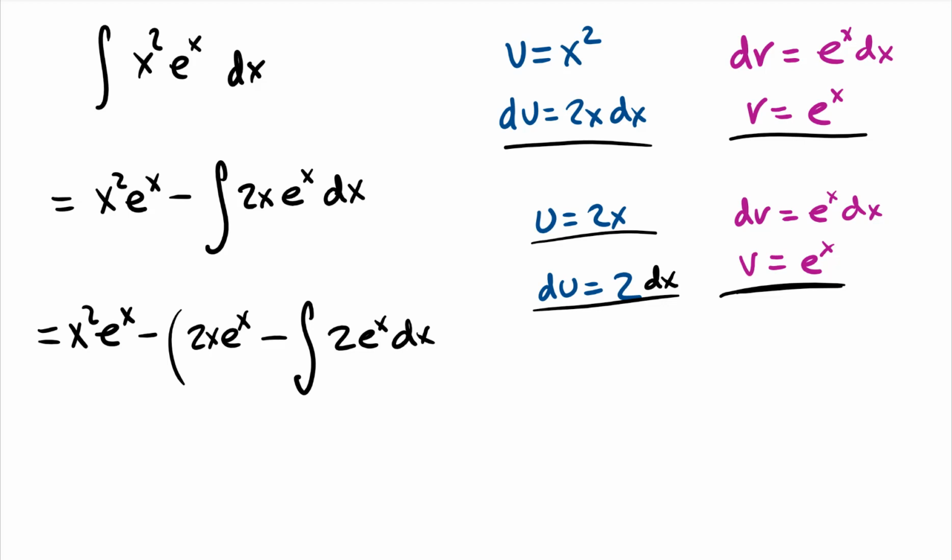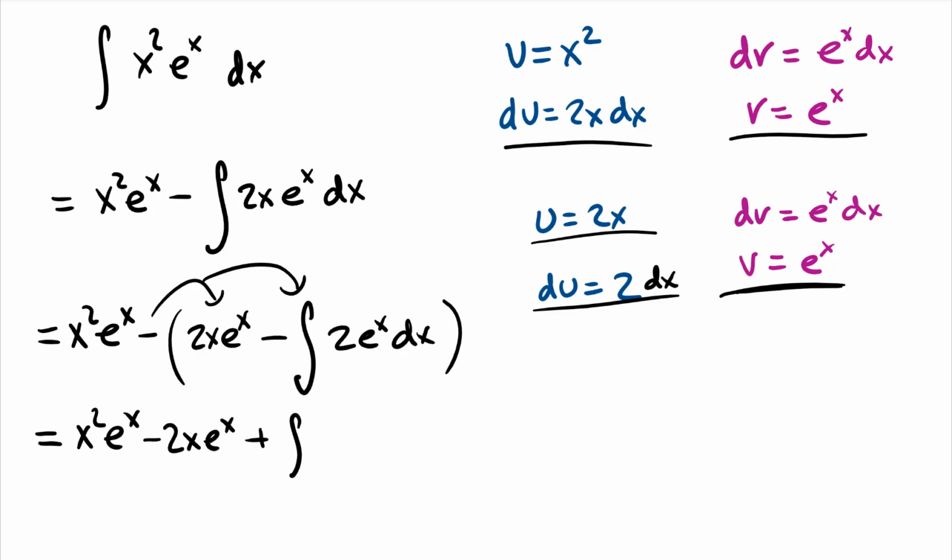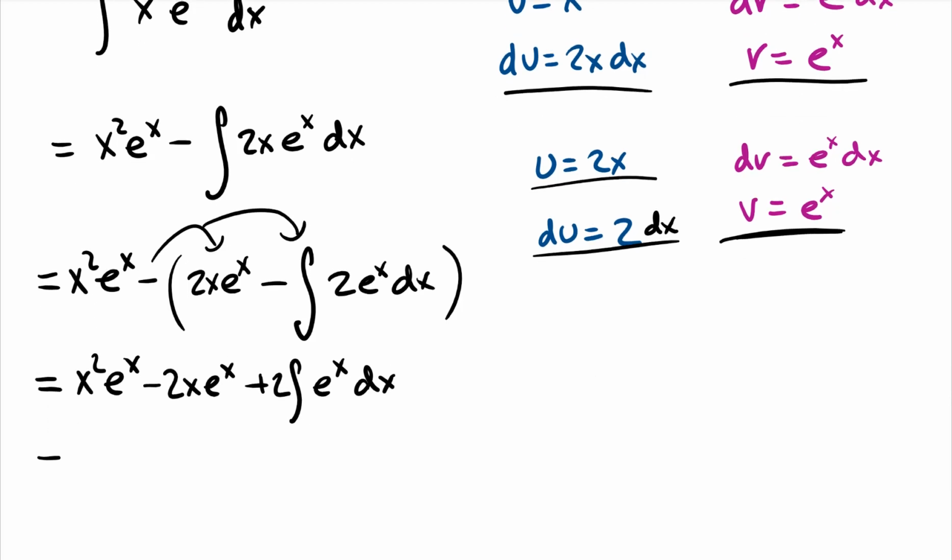The derivative of 2x is 2 dx. All right. Well, let's distribute in our negative and let's see what we can do. That's not so bad. So we have x squared e to the x minus 2x e to the x plus 2 e to the x, plus c. And of course, you can factor some stuff out.